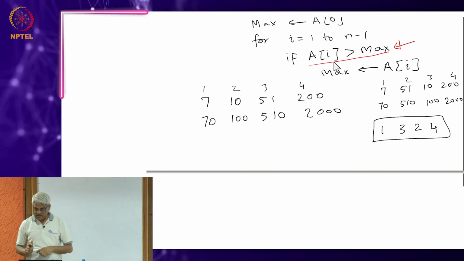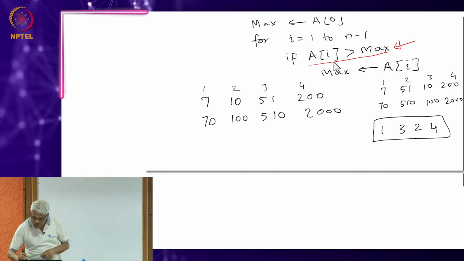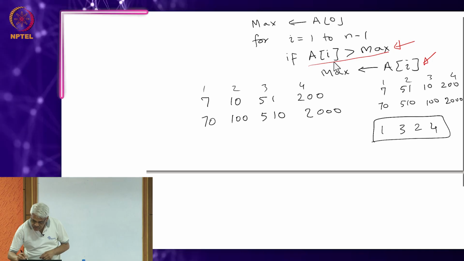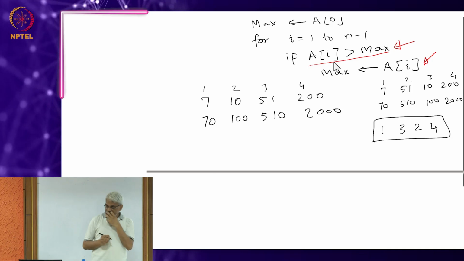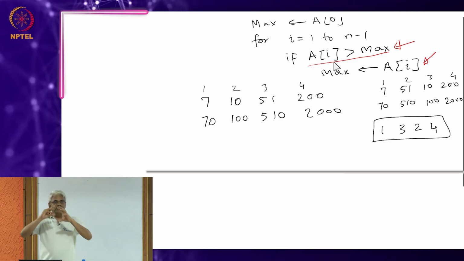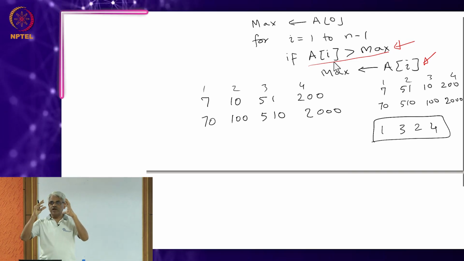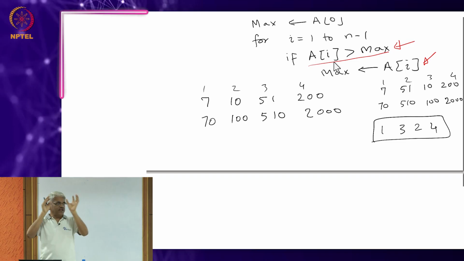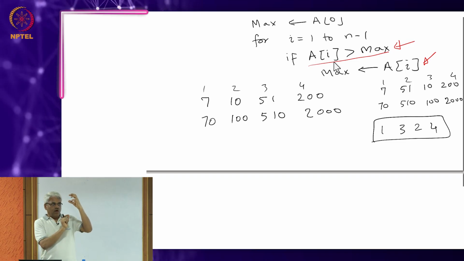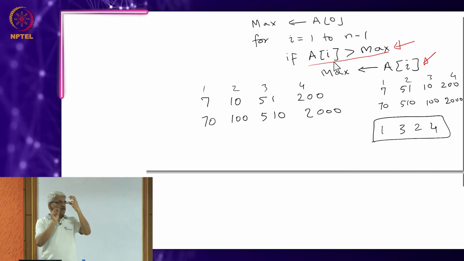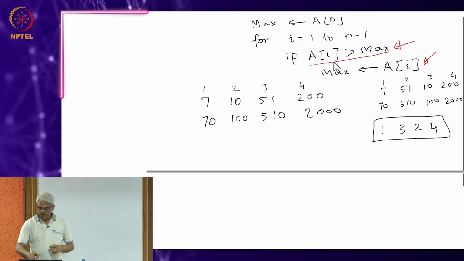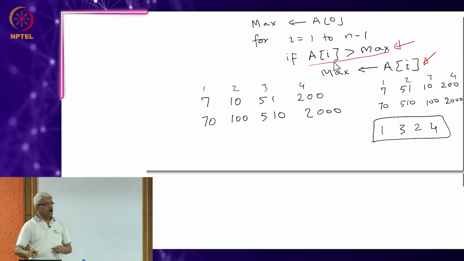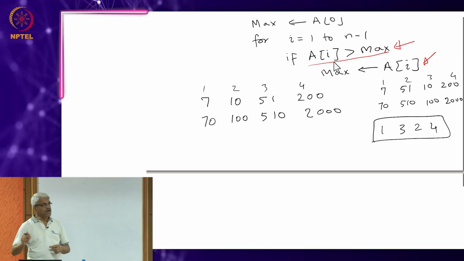But where does the average make a difference? Let us look at this step, which we did not look at carefully yesterday. This step where the max value changes. Imagine we had this initial max, and then when I make these comparisons, this max value changes. Now, can you tell me what is the worst case of how many times this step will be performed?